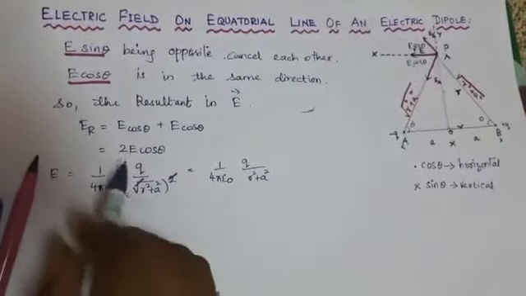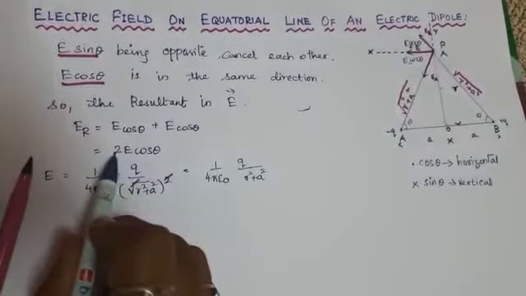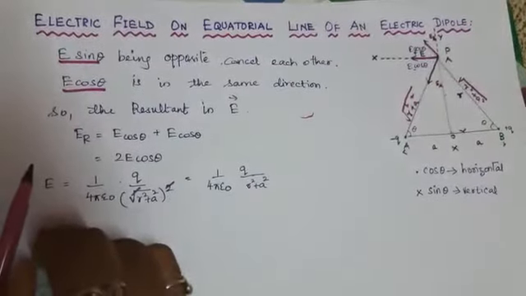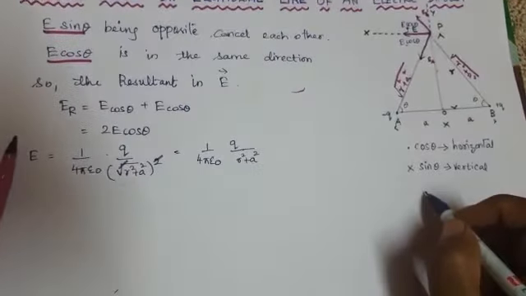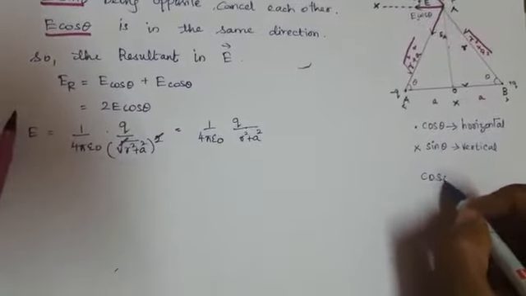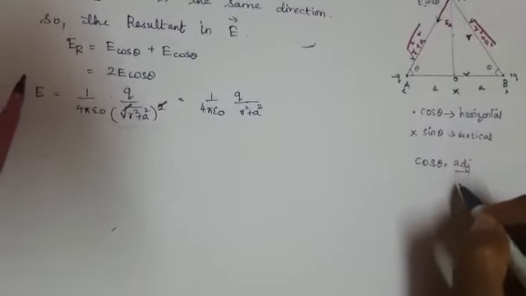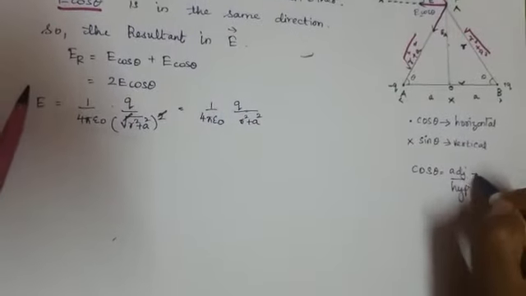Okay, now we found what is E. 2 as it is, you just write the numerical. What is cos theta? Cos theta is nothing but, I'll write here for verification, adjacent by hypotenuse. What is adjacent in this?